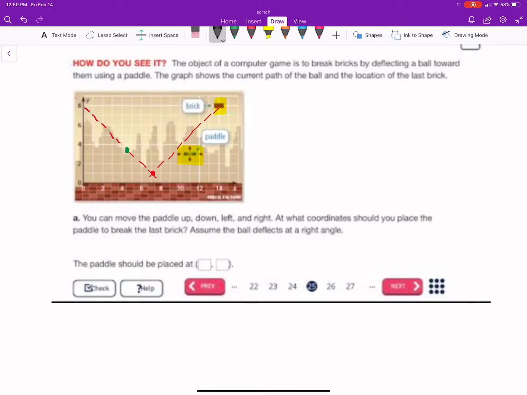So if we look over here at this left portion of the line, we see it crosses the y-axis at 0,8. And if we make note of the slope, you go down 1 over 1, down 1 over 1.